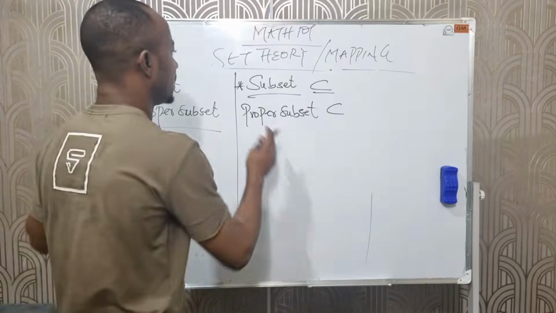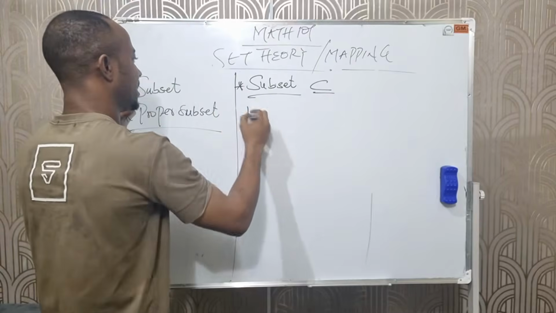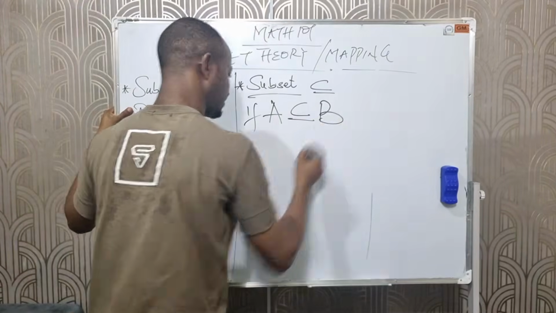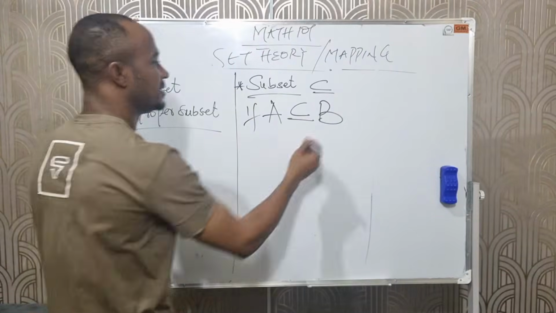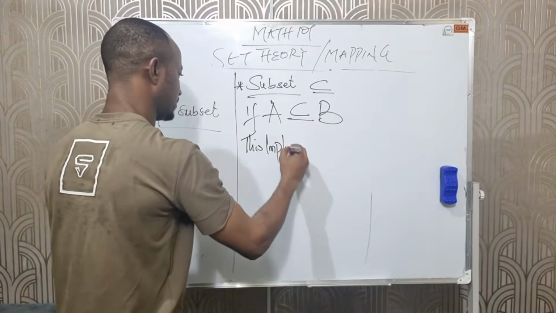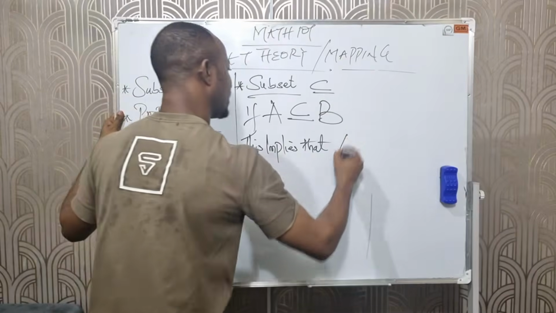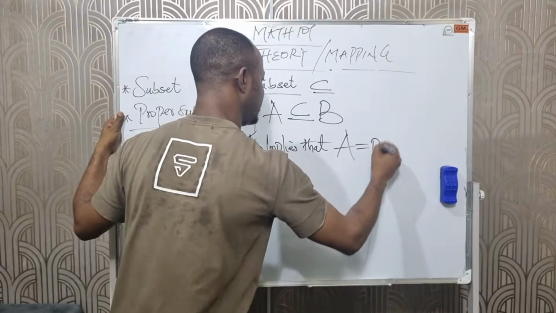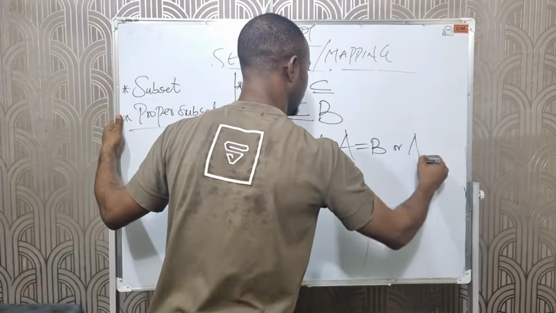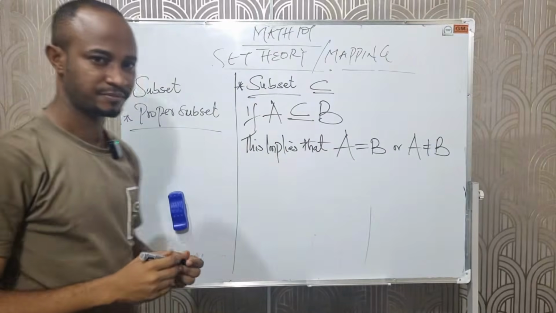Listen, let's start with this first, subset. If A is a subset of B, this implies that either A is equal to B or A is not equal to B. I will explain.